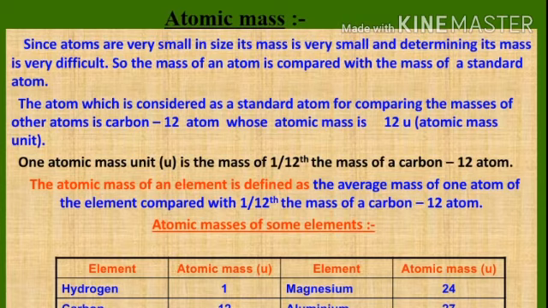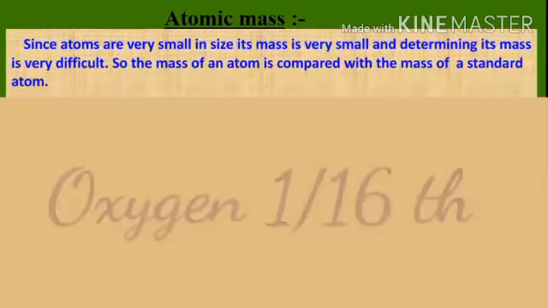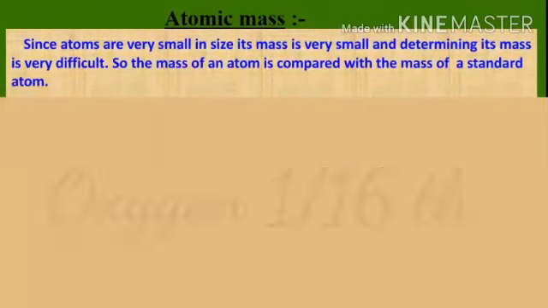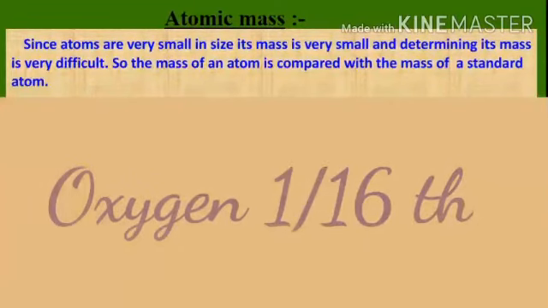As we all know, an atom is a very small entity, and to find the weight of an atom is very difficult. So while searching for various atomic mass units, scientists initially took 1/16th of the mass of an atom of naturally occurring oxygen as a unit.